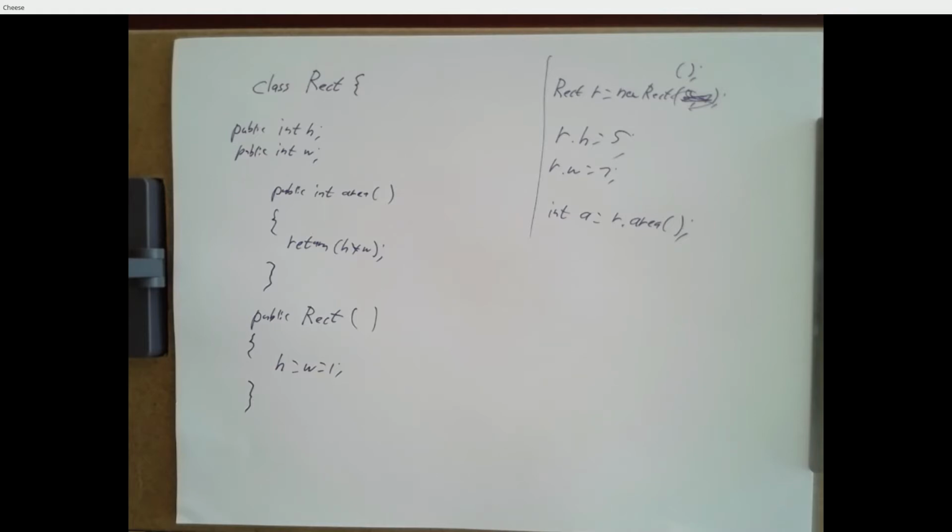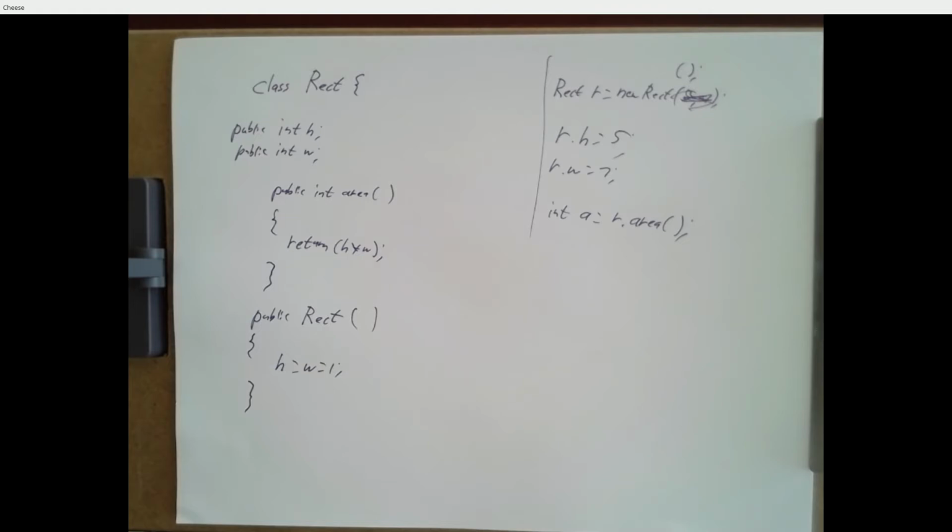So we like this idea of information hiding and encapsulation. So here's your interface to this data structure, right? And the fact that there is an integer called h that represents the height of the rectangle, that's not part of the abstract data type that we call a rectangle. Rectangle is just a quadrilateral with a height and a width, right?